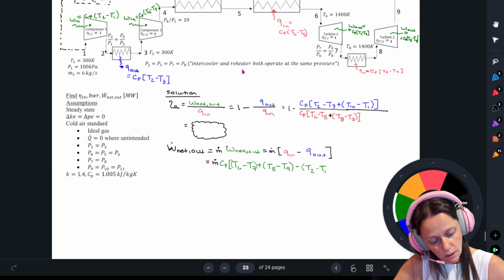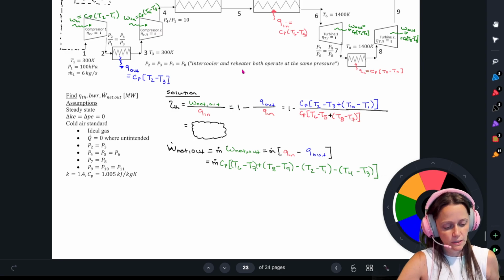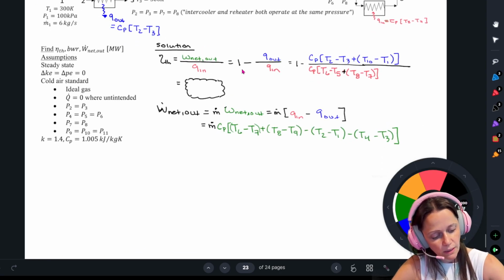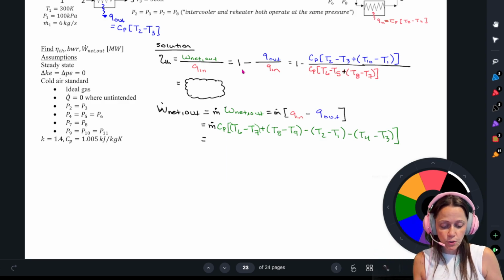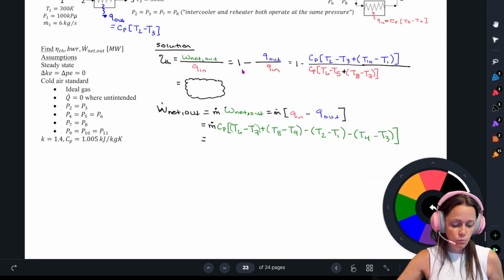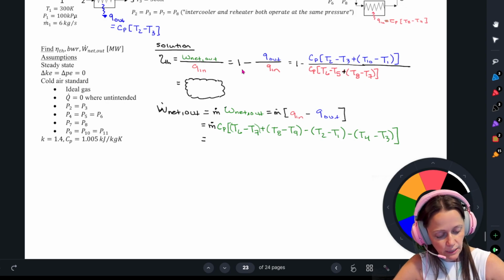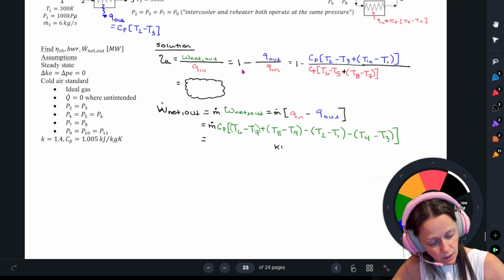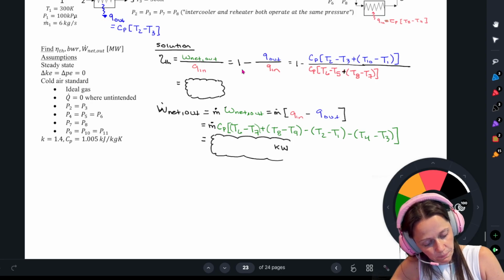T2 minus T1 minus T4 minus T3. Perfect. And so if I plug in everything just as I have, the mass flow rate in kilograms per second, that Cp as 1.005 kilojoules per kilogram K, I should be getting things in terms of kilowatts. So I'll put a spot right there for it.